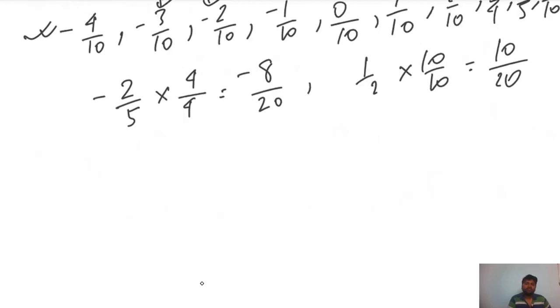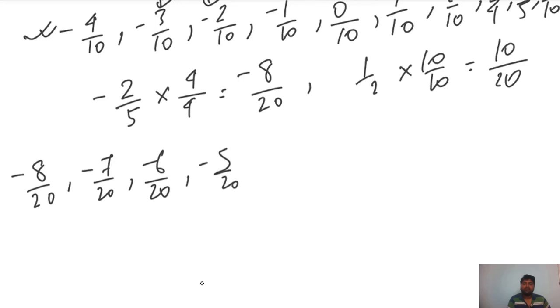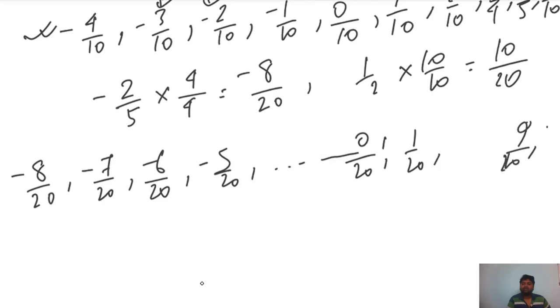So here we get minus 8 by 20, which is similar to minus 2 by 5. Then minus 7 by 20, minus 6 by 20, minus 5 by 20, and so on, 0 by 20, 1 by 20, up to 9 by 20 and also 10 by 20.